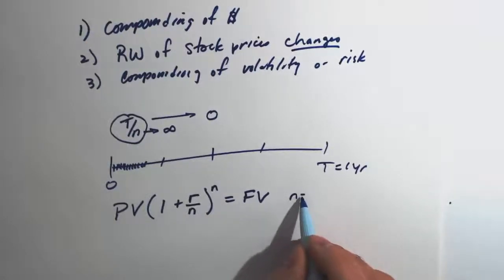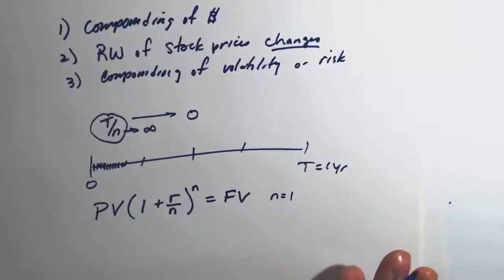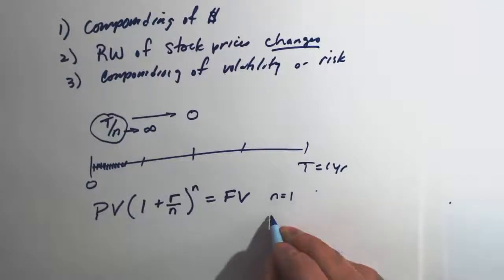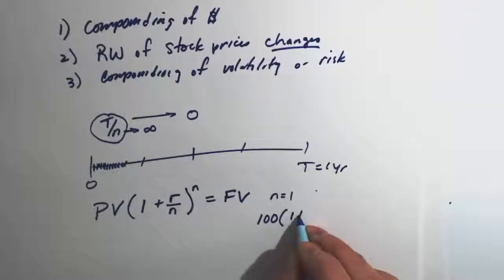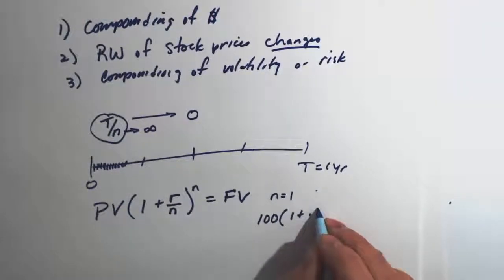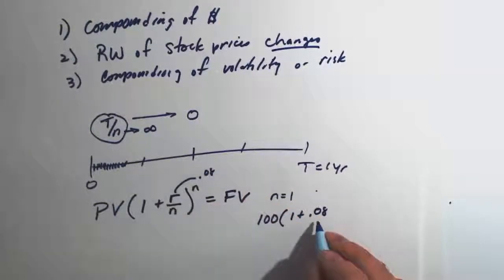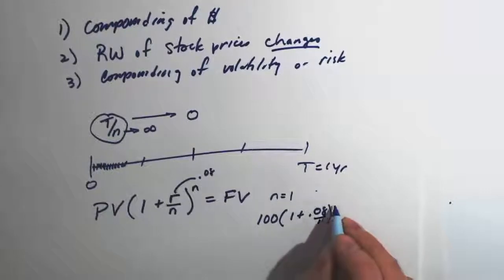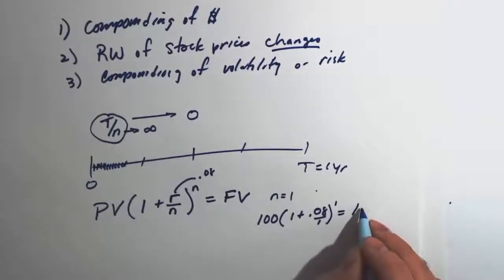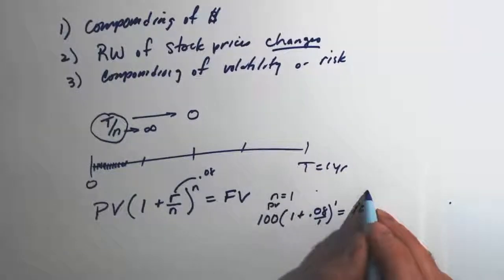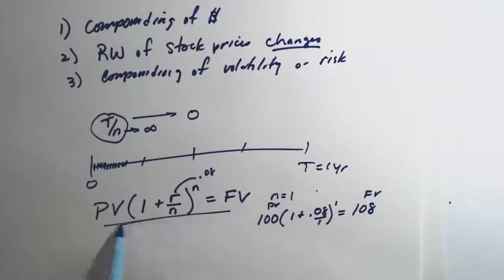And so when n equaled 1, which was a large component of your previous finance course, if we had a present value of $100 and we had 1 plus, let's say r is 8%, 0.08, and then we divided it by 1 and took it to the 1 power, we would have a future value of 108. So this is our present value, this is our future value. We're just following along with this equation here.